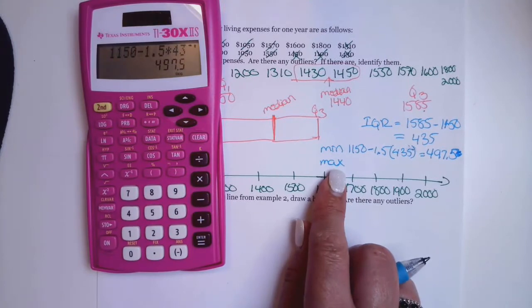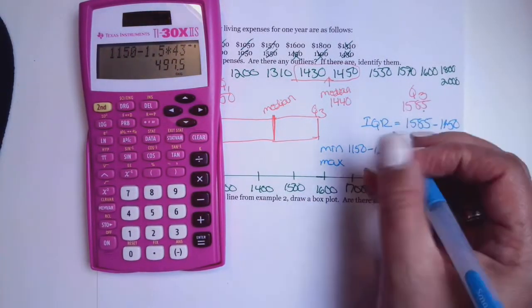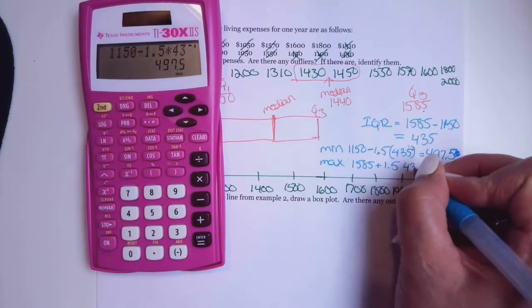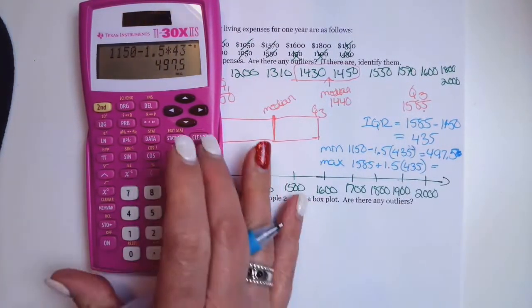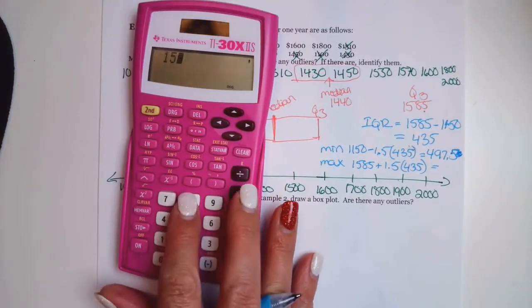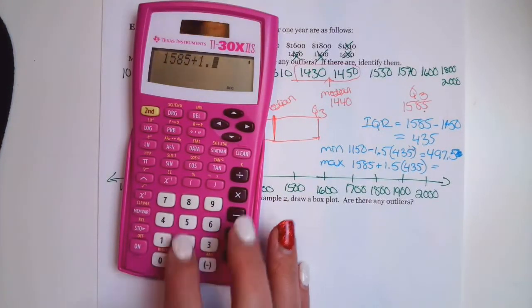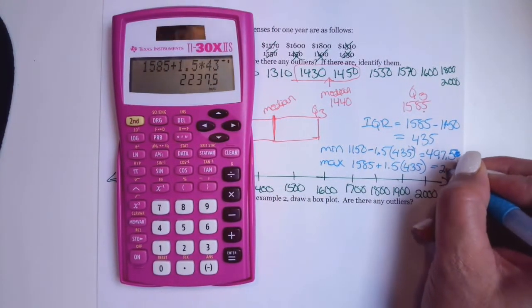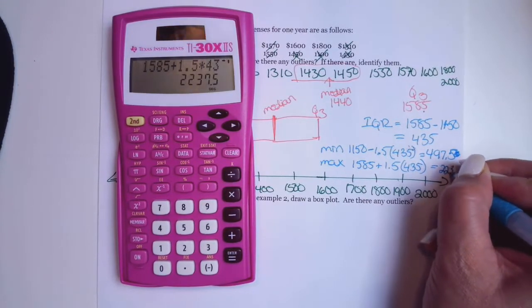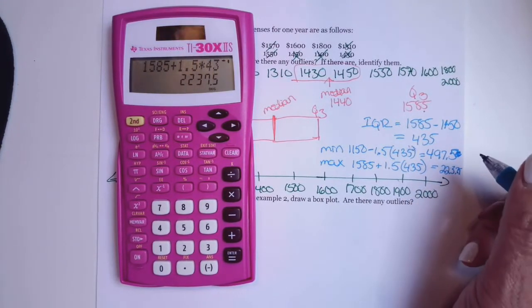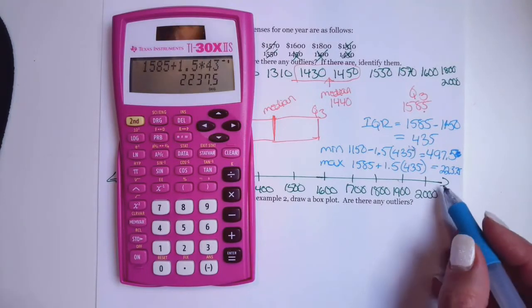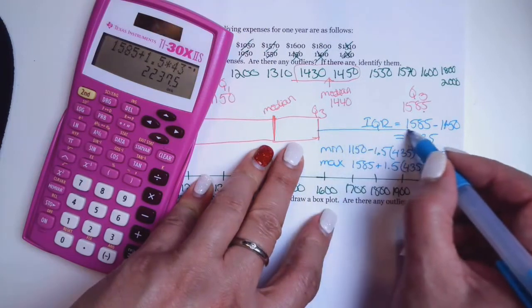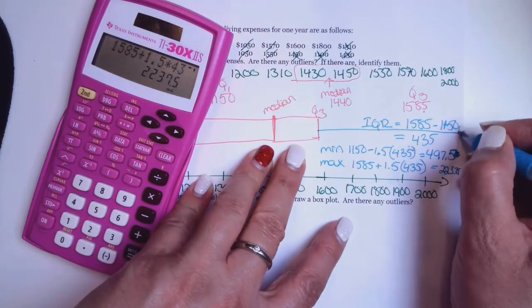Okay, maximum. Third quartile, 1,585 plus 1.5 times 435 is 2,237.5. So for this one, our maximum is going to go all the way somewhere here.